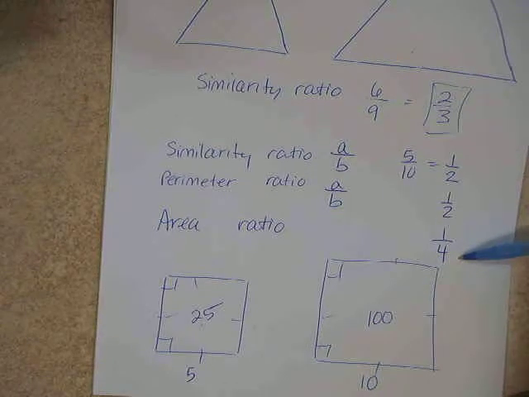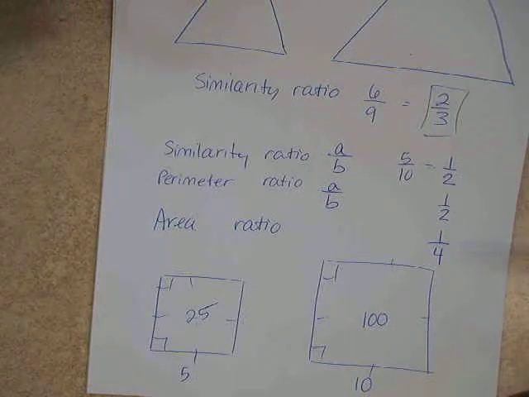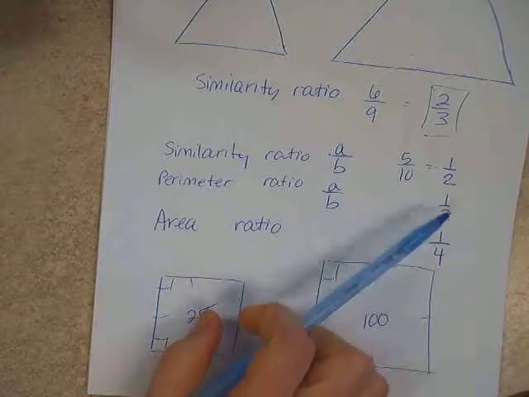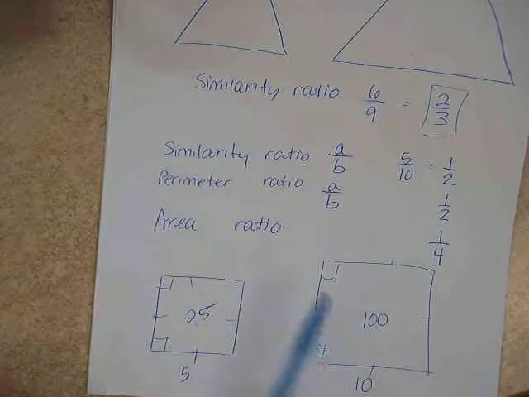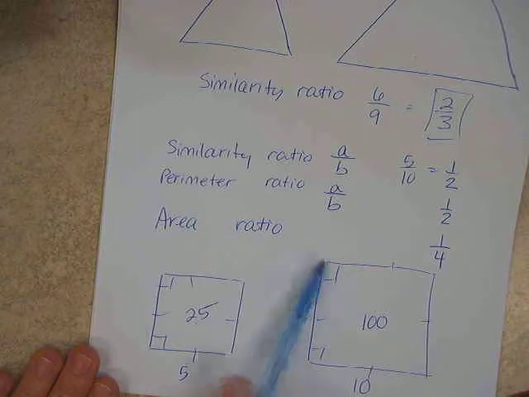So when you compare the perimeter, the similarity of the perimeter and the area, think of it in these terms. Area is squared, right? It's in square units. So we can find it by squaring the similarity or perimeter ratio.